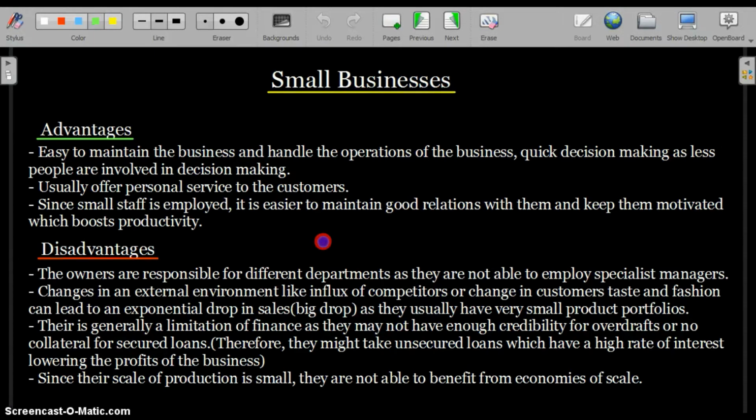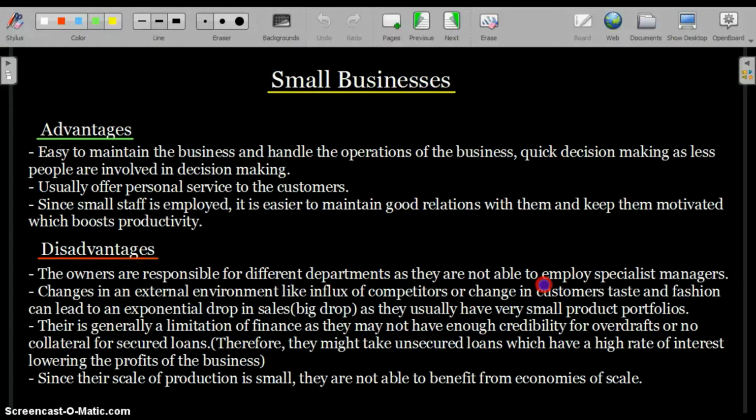Now, what are the disadvantages of small businesses? You can see that the advantage column is small and the disadvantages are very big, but it's mainly due to the explanation given. So let's look at that. The owners are responsible for different departments as they are not able to employ a specialist manager. So the owner needs to be multi-skilled, as we talked about earlier in the sole trader part, when we were comparing unincorporated businesses with incorporated businesses.